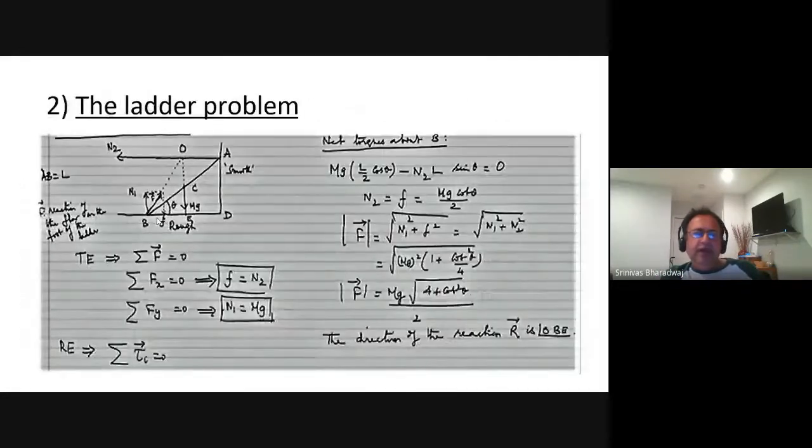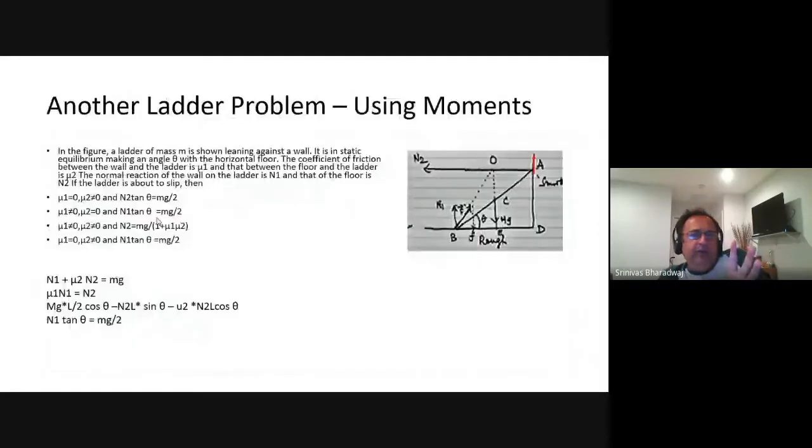Now, because he has two frictions, he has an added unknown: there is an f here and there is an f there. But now he's saying that it is just about to slip. So if it is just about to slip, mu N comes into play. If it is just about to slip, the friction is mu N. That's the point he's making.